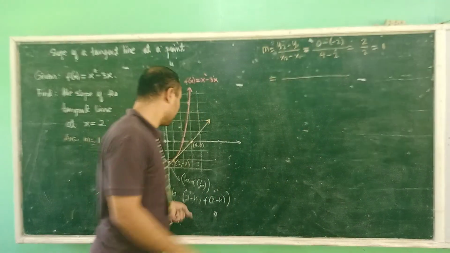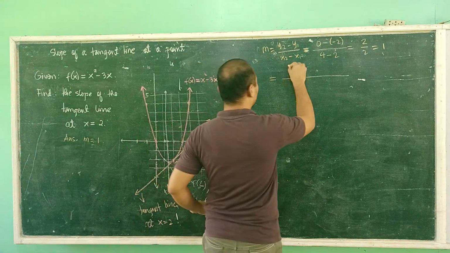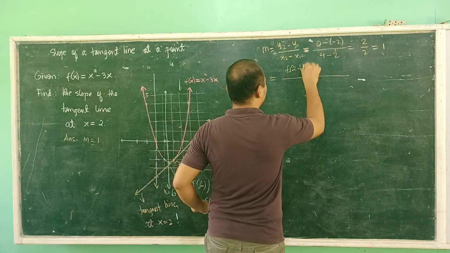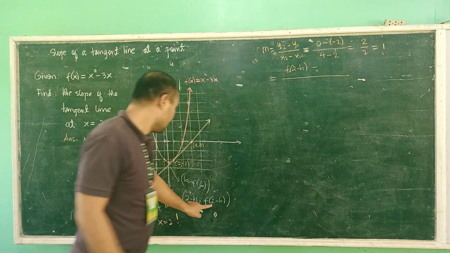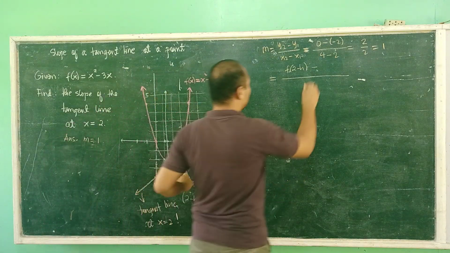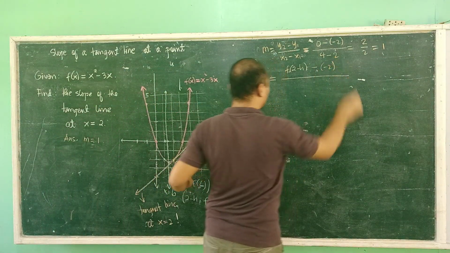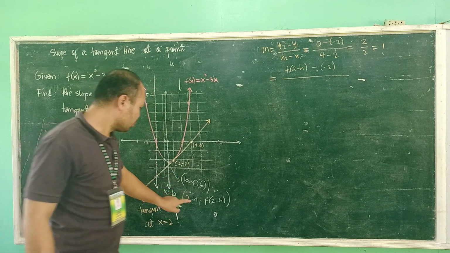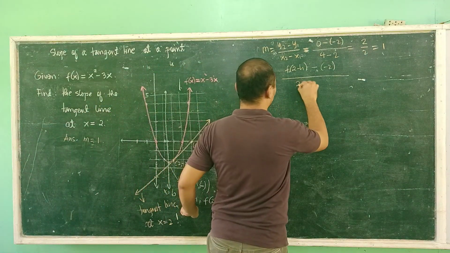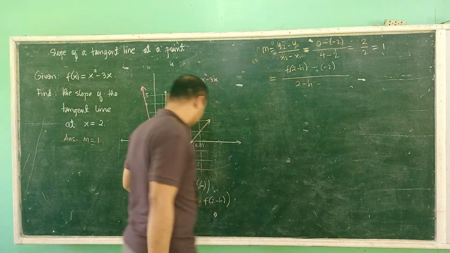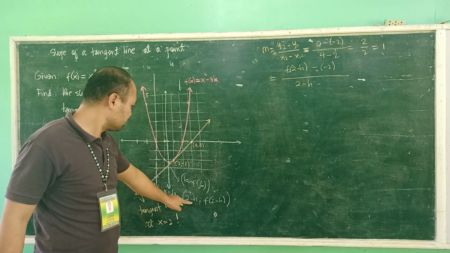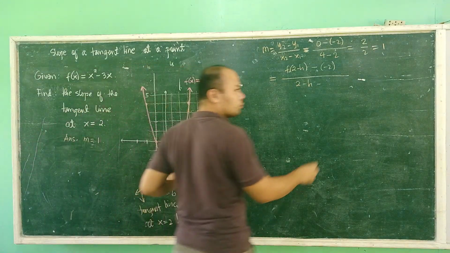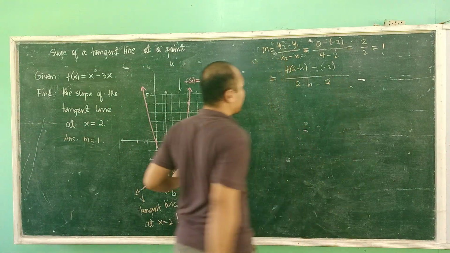So f of 2 minus h minus y sub 1, negative 2, all over 2 minus h minus 2.